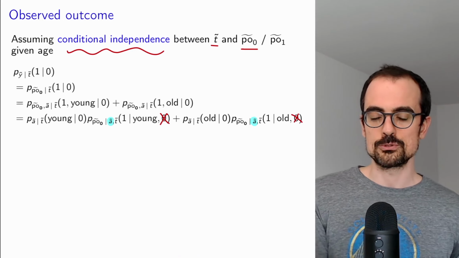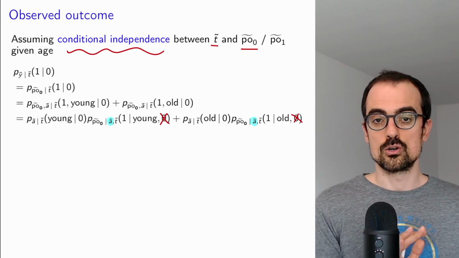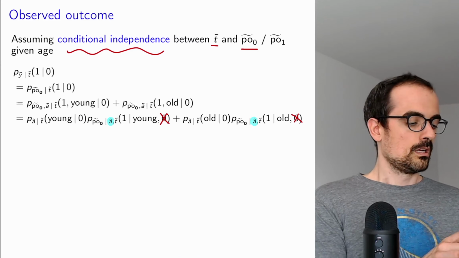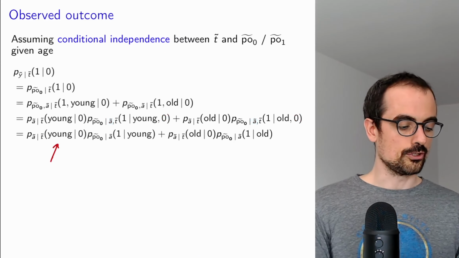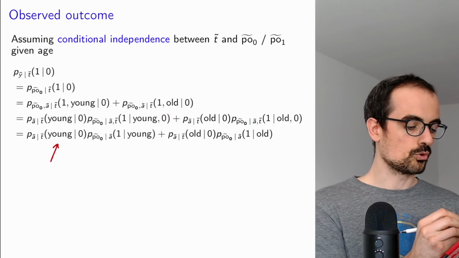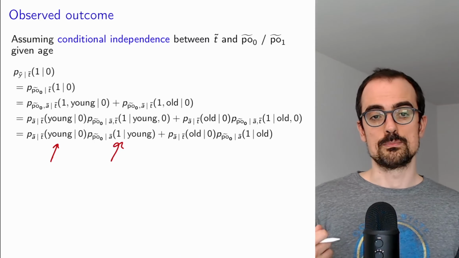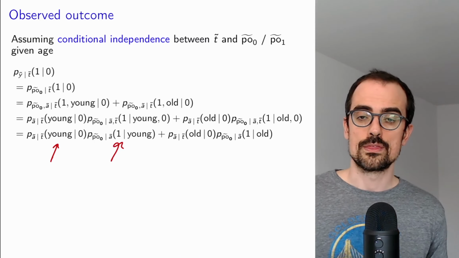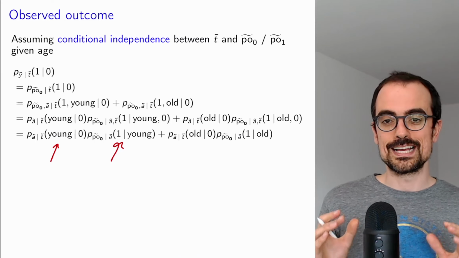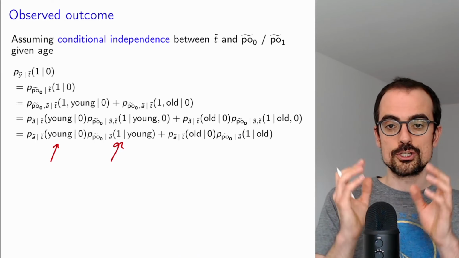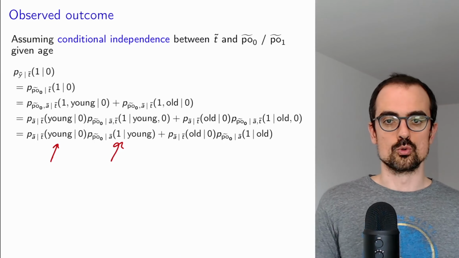This is a very strong assumption, but again, we're just trying to capture what is the effect of this single confounding variable. Now I'm left with the probability of being young given that you are in the control group times the probability of the potential outcome associated with no treatment being equal to 1 if you're young. Because again, between the young people, we assume that there's no systematic difference between the treatment and the control group.